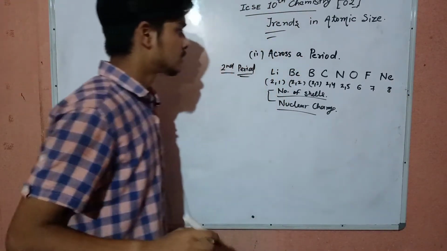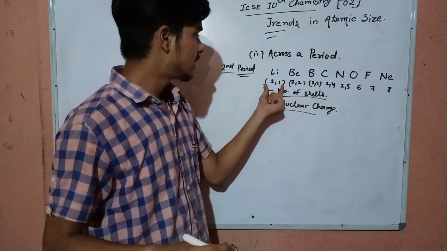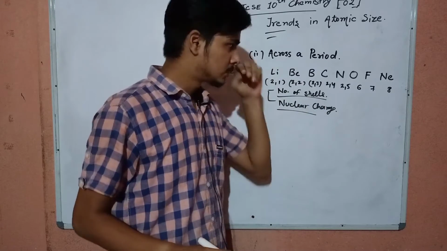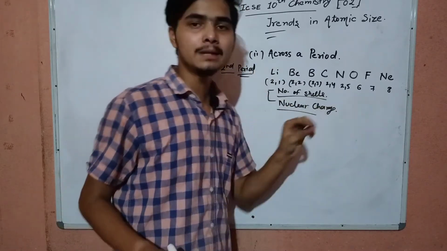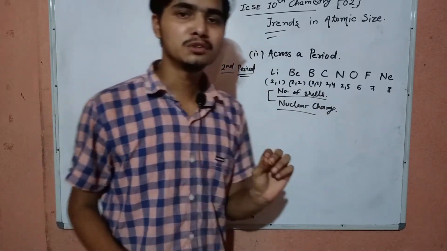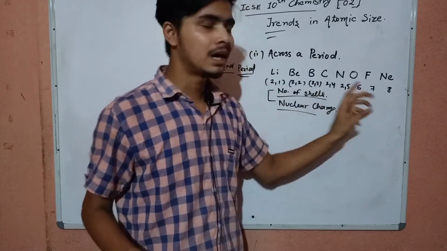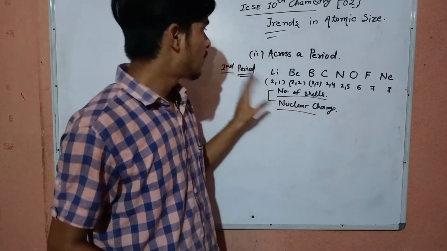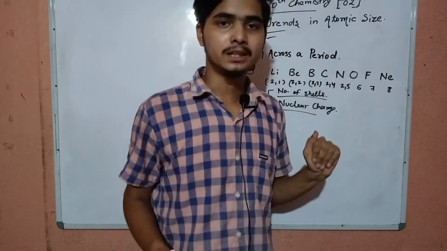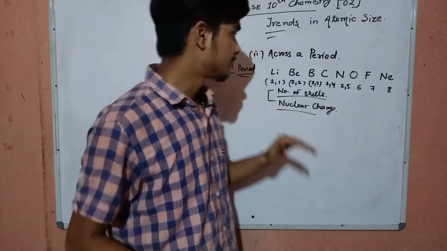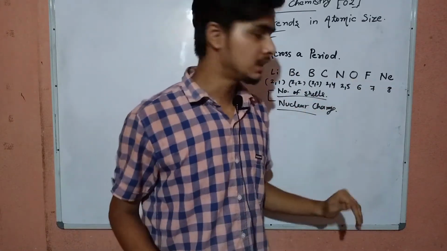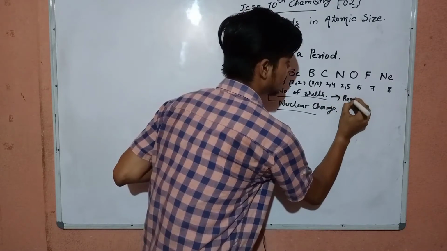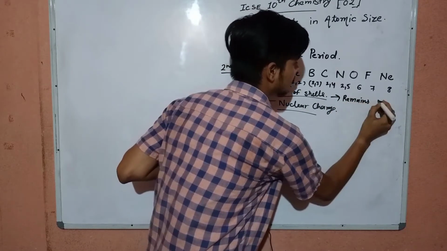Understood? The number of shells is 2, again 2, again 2. All the second period elements have 2 shells. That means, understand it very carefully, when we move across a period, the number of shells remains the same.